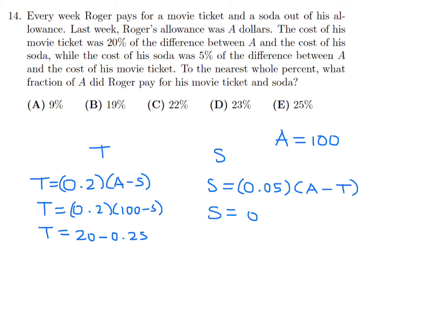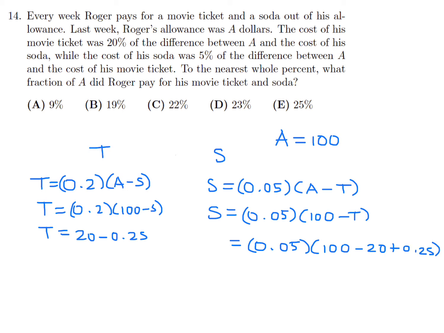So that's going to be 0.05 times 100 minus T. Well, let's substitute in T first. 100, T is minus 20, and then plus 0.2 S. When we subtract it, the signs will change. So this will be 0.05 times 80. So that's 4. And then 0.05 times 0.2 plus 0.01 S.